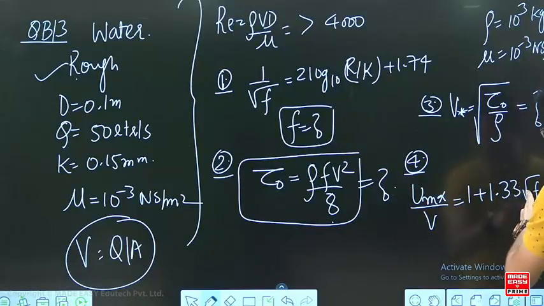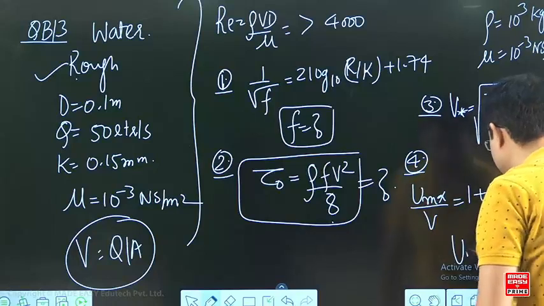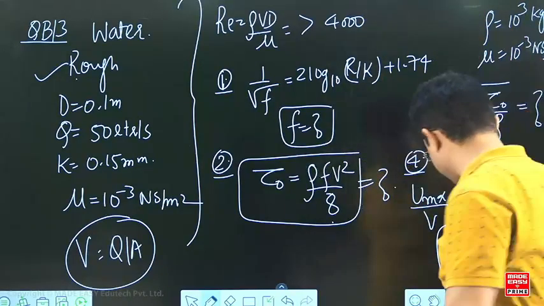Friction factor you have already found out. U max you need to find out, average velocity you have. So from this equation, can you find the value of U max? Yes sir. Very good.